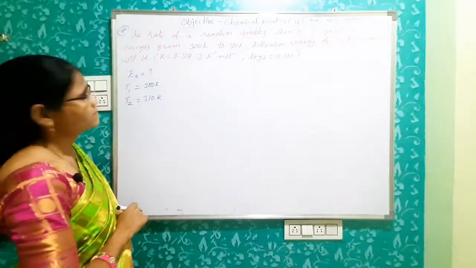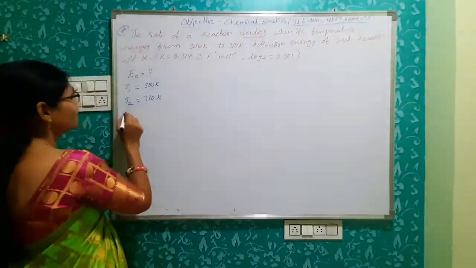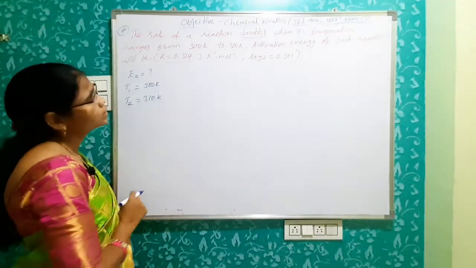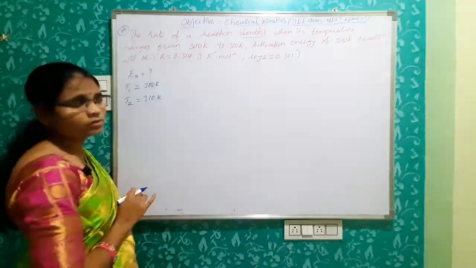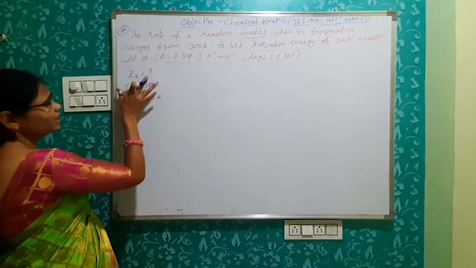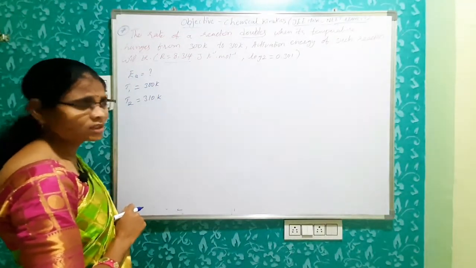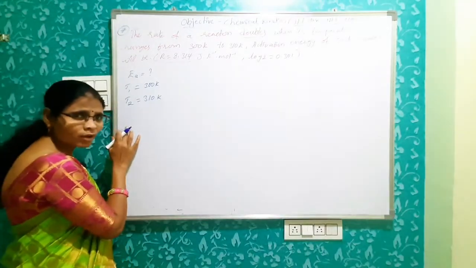Now R is given as 8.314. Then the log 2 value. So what is the related formula for this? Which formula do we need to take?